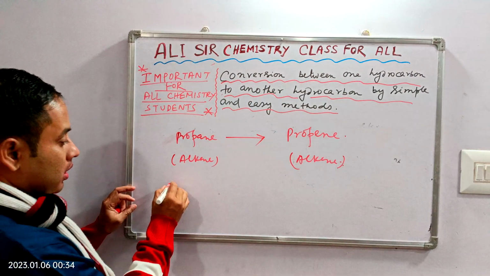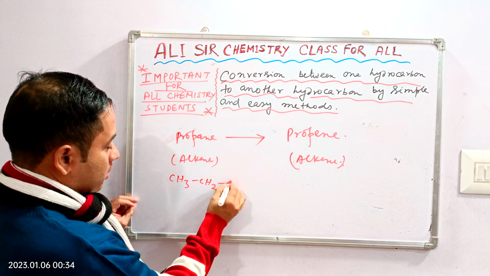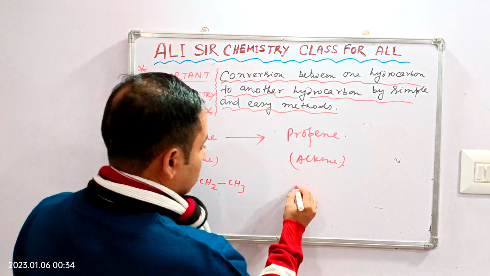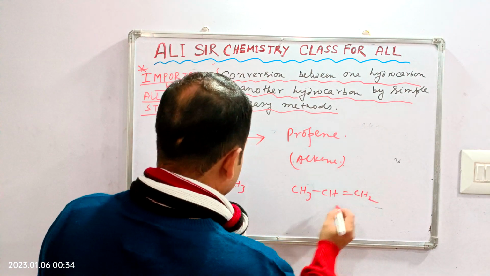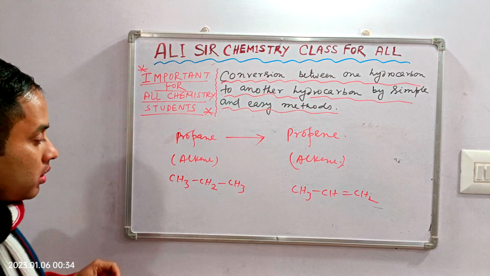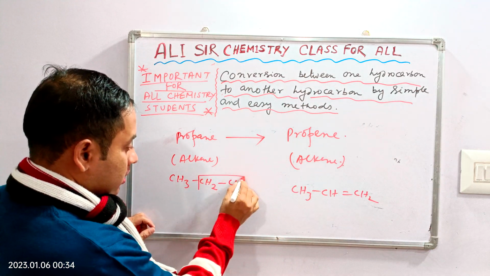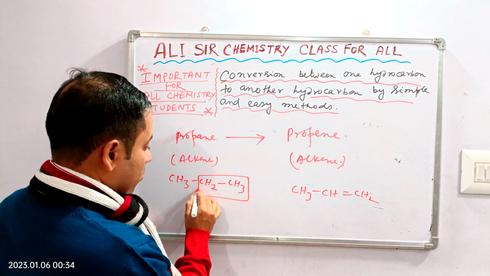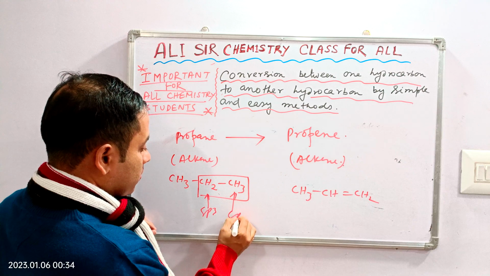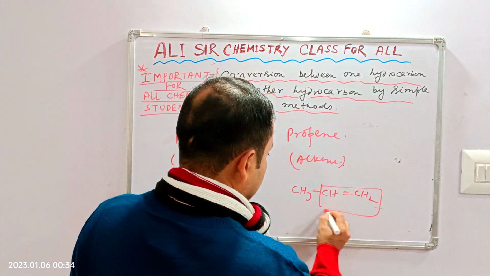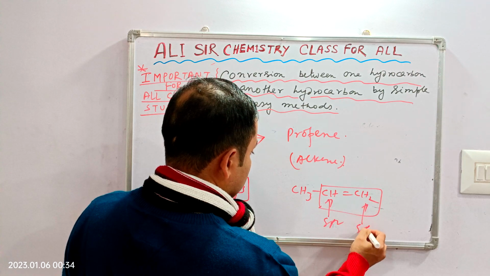Now see the structure. The structure of this compound is CH3, CH2, CH3, and this one is CH3, CH double bond, CH2. So what is the difference? This is alkane, this is alkene. The difference is here. This carbon is sp3, this is also sp3, but here this is sp2, this is sp2.